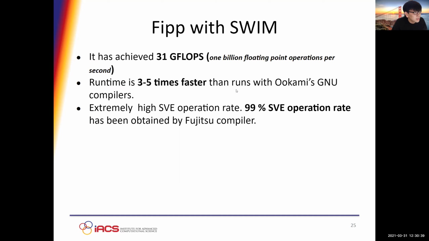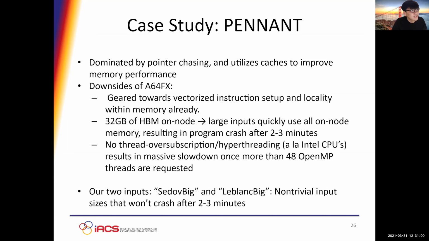And it has an extremely high SVE operation rate, up to 99%, which could be very impressive, or could indicate why the Fujitsu compilers are so good. All right, so with all that, I will give it back to Ben to introduce Pennant.